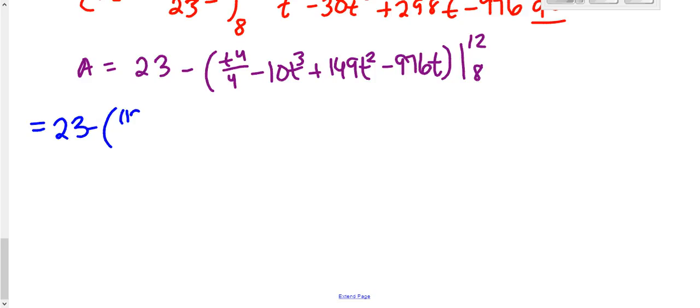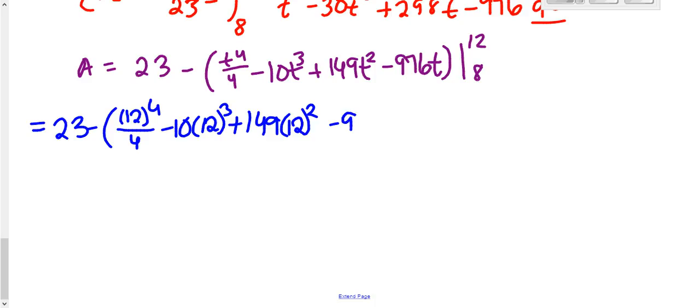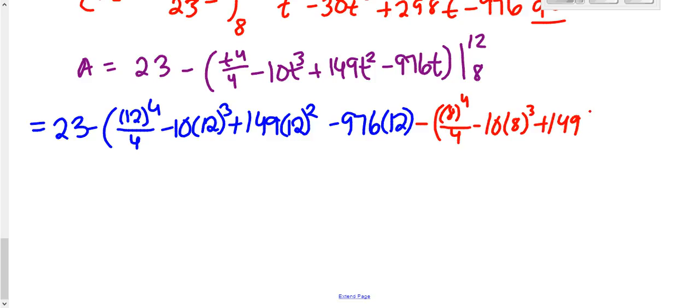We plug in 12 to the 4th divided by 4, minus 10 times 12 cubed plus 149 times 12 squared minus 976 times 12. Then minus f of a, plugging in the 8 to the 4th over 4, minus 10 times 8 cubed plus 149 times 8 squared minus 976 times 8.